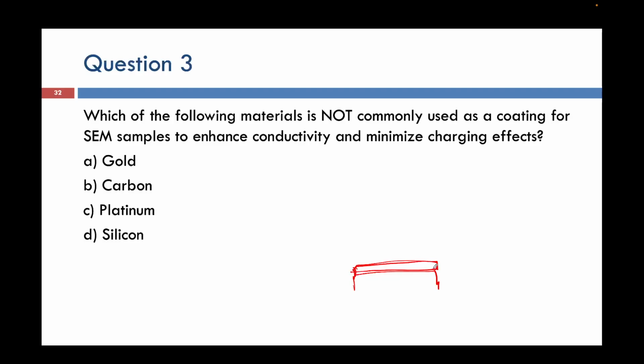One option I told you was gold, Au. Based on our requirement we do the deposition. Ideally the thickness should be 1 to 2 nanometer, but that is very difficult to achieve, so sometimes we deposit 1 to 10 or even 20 nanometer of gold, so that electrons do not accumulate on the surface of the material. So definitely gold is not the answer. The rest 3, you can tell.